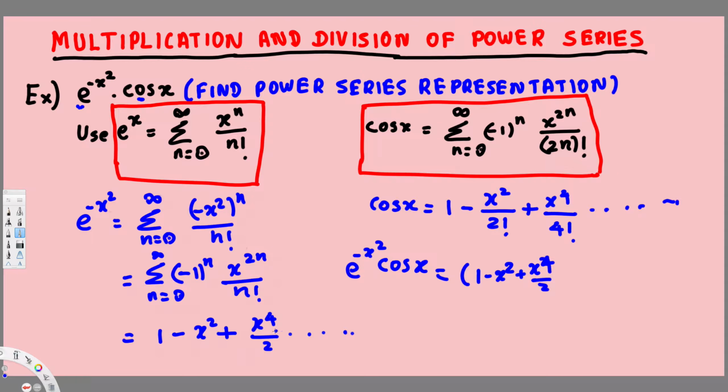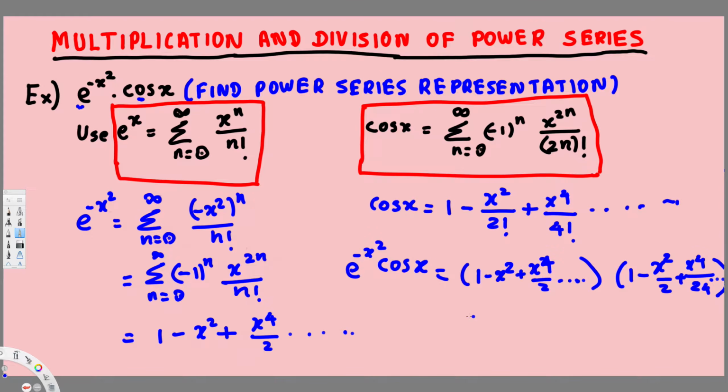We found that one already. And then we take these cos x values. That's going to be 1 minus x square over 2 factorial, that's 2, and then x power 4 over 4 factorial. 4 factorial is 4 times 3 times 2 times 1, that's going to be 24. And it goes on like this.